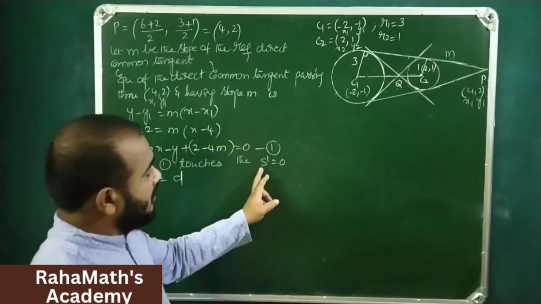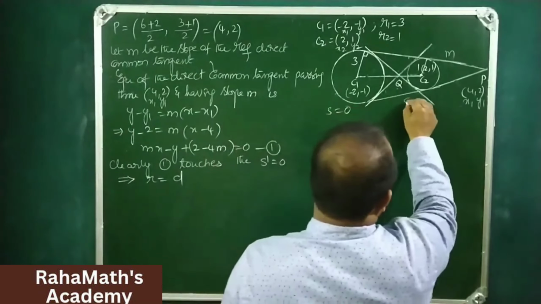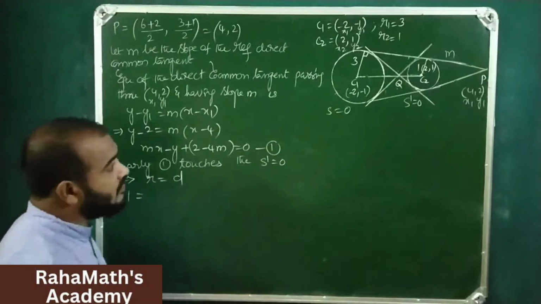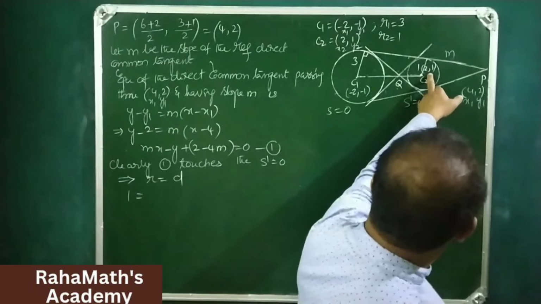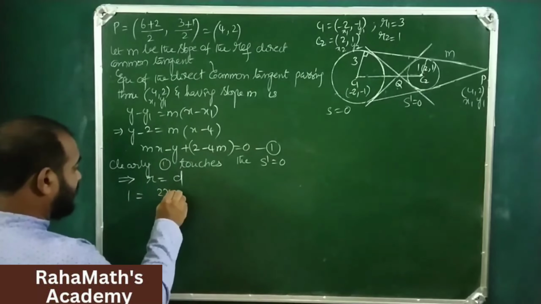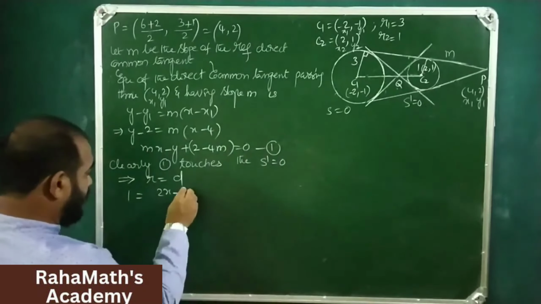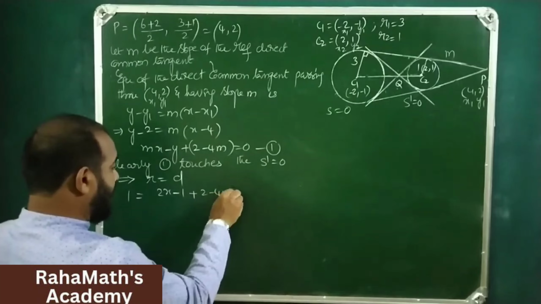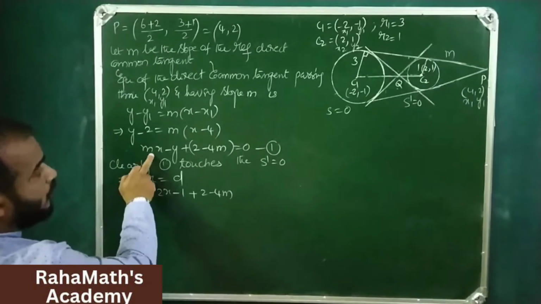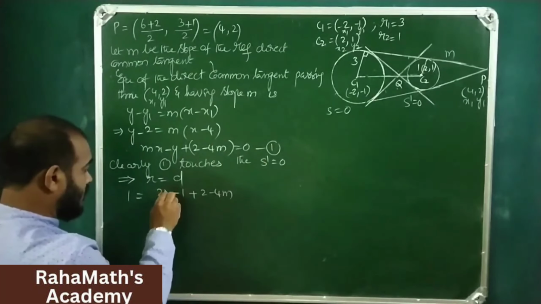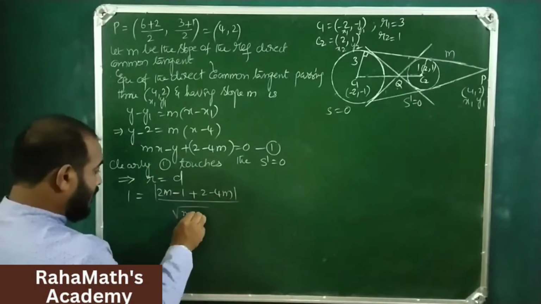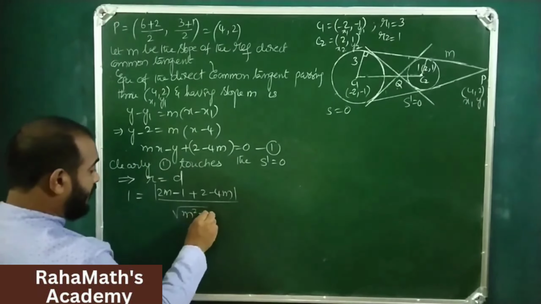What is the center of the second circle? 1 equals d, the perpendicular distance from the center of the second circle to the line. So m into 2, 2m, minus 1 plus 2 minus 4m, by square root of m square plus 1.